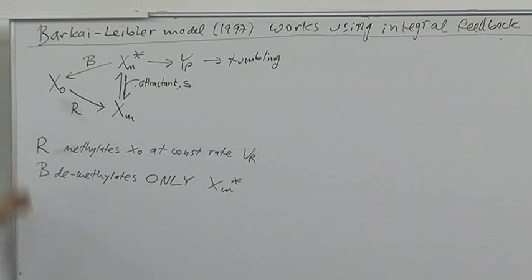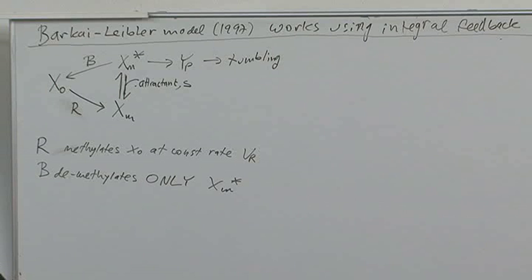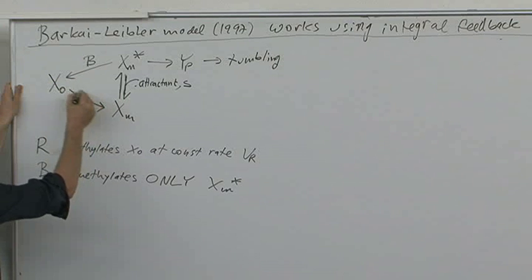That's the feedback here that's so clever, that this demethylating enzyme can sense the activity state of the receptor and demethylate only the active receptor. It doesn't demethylate the inactive receptor. So no arrow here.